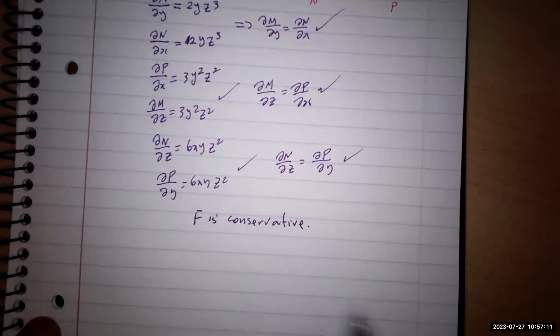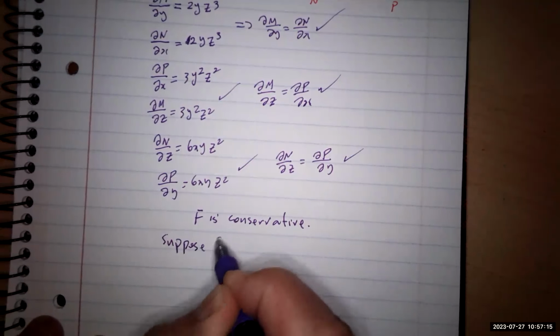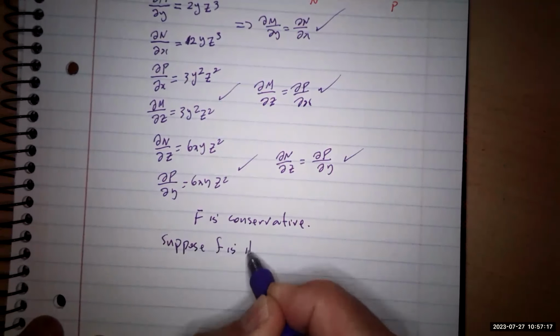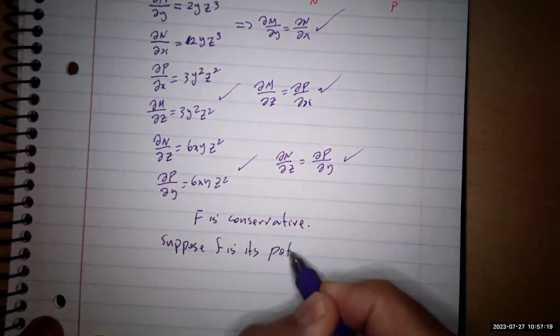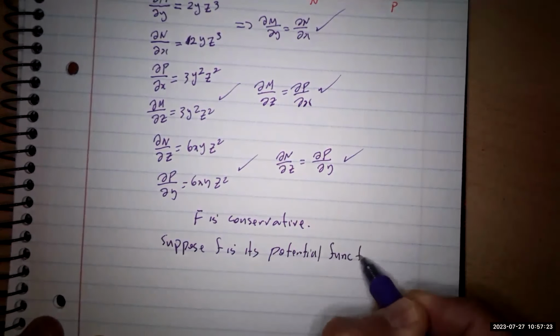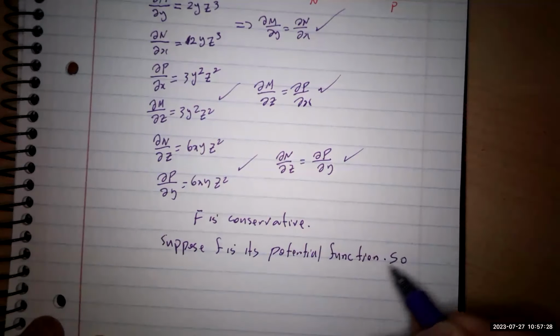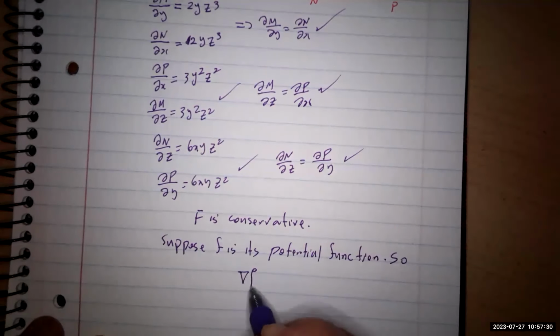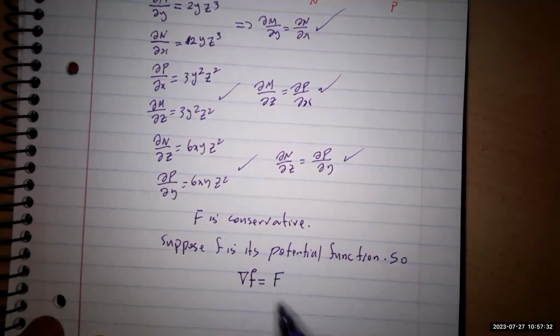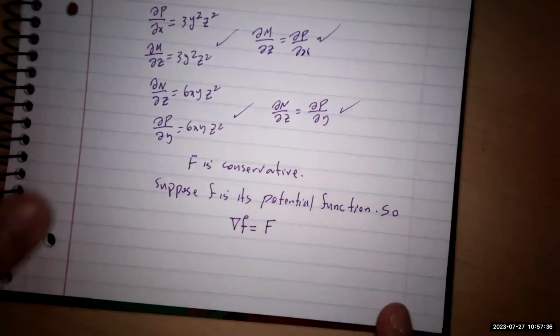Suppose f is its potential function. So you are going to have the gradient of f equal to F. You are going to find a function to satisfy this condition.